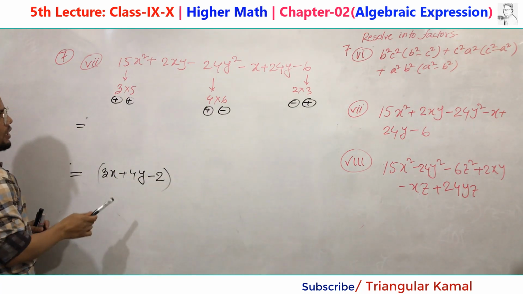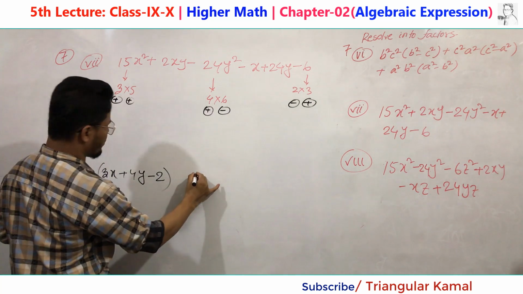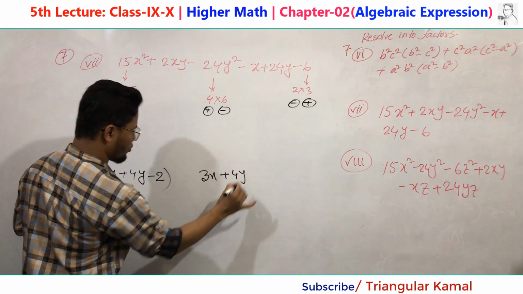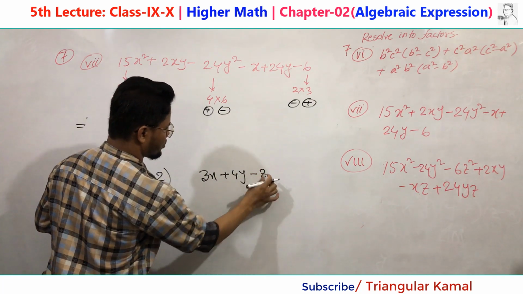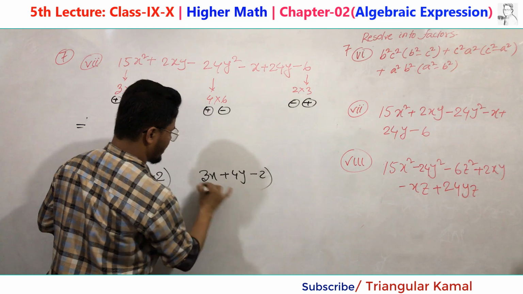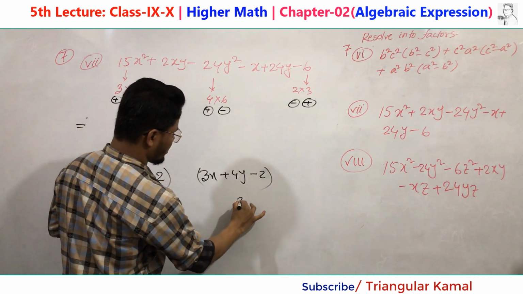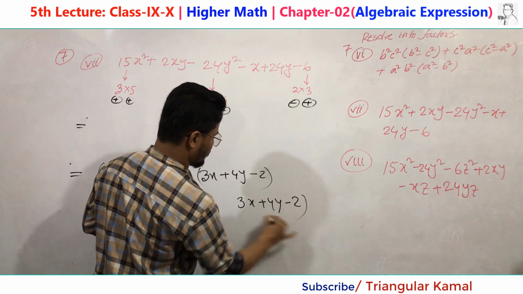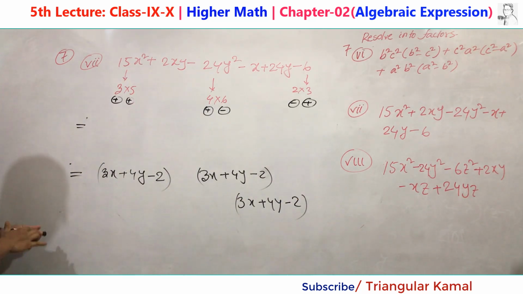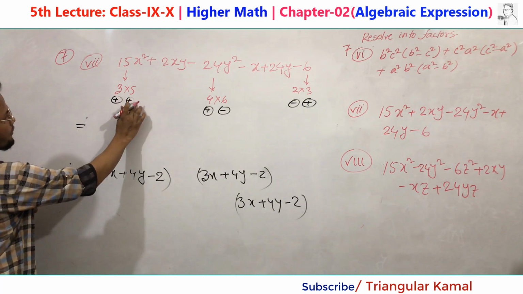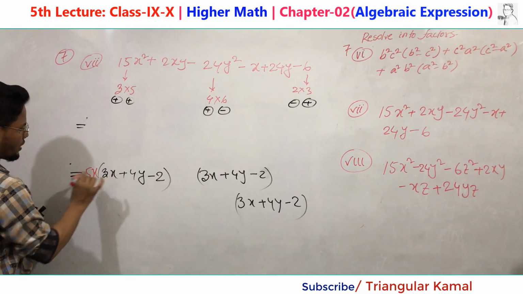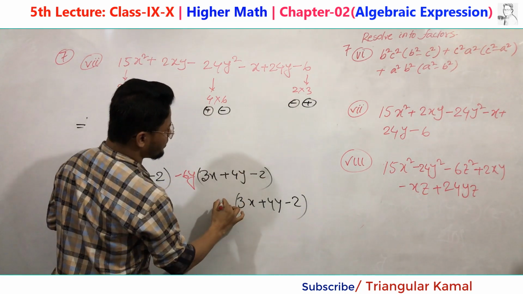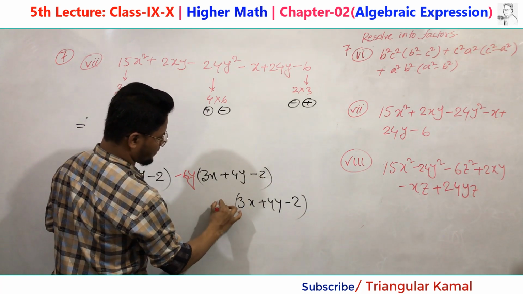So if we multiply these 3 terms by 3 terms, you have to write 3 times this one: 3x plus 4y minus 2, and again 3x plus 4y minus 2. First step complete. Now here remaining 5 times x, then minus 6y, and this one will be plus 3.